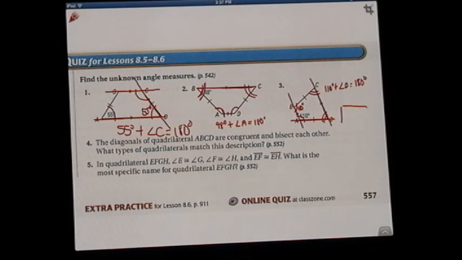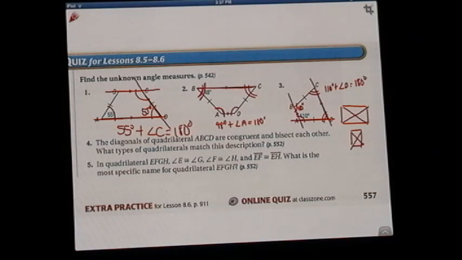So that would be true of a rectangle. They're congruent to each other and they bisect each other. And that would also be true of a square. They would be congruent and bisect each other.